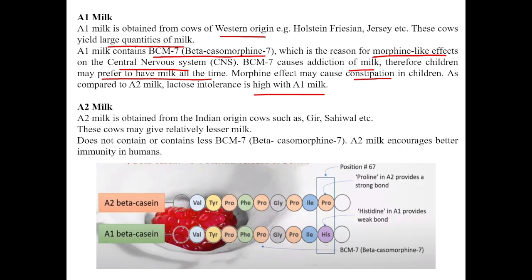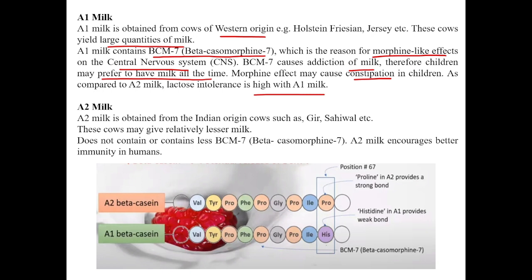But media hype is going on. Maybe it is marketing gimmicks or not, we don't know, but there are a few articles which say that A1 milk is a risk factor for these diseases.